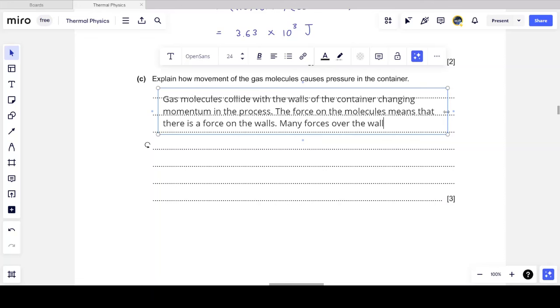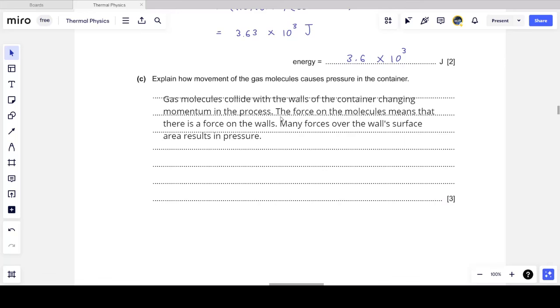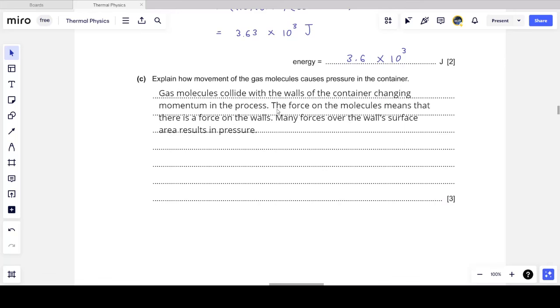And what do we know? That force over a given area, force per unit area, results in pressure. So that's using the kinetic theory to explain how pressure occurs in gases.